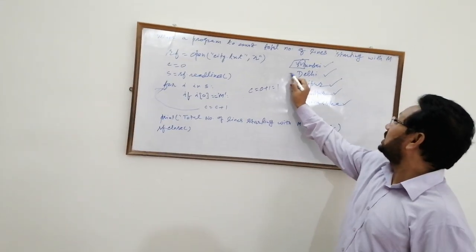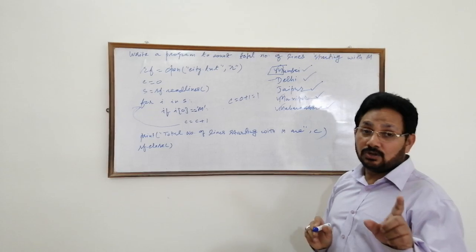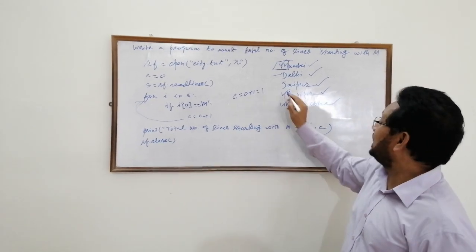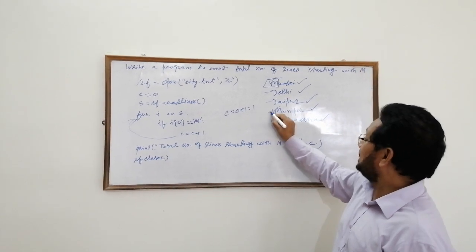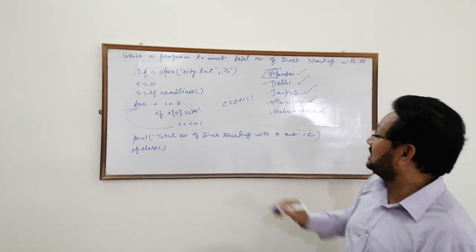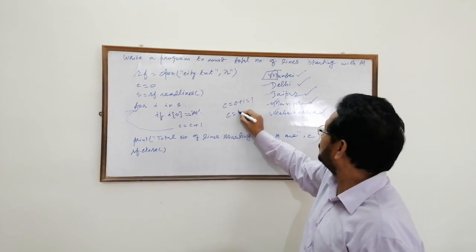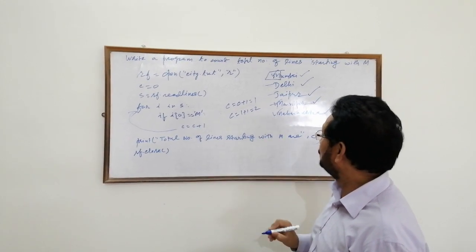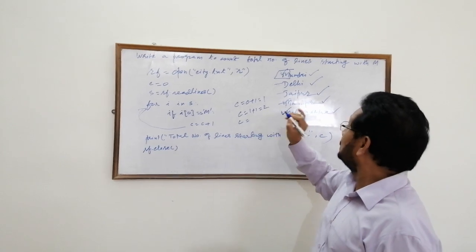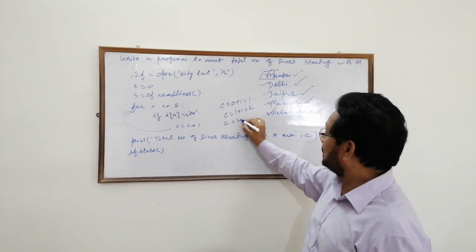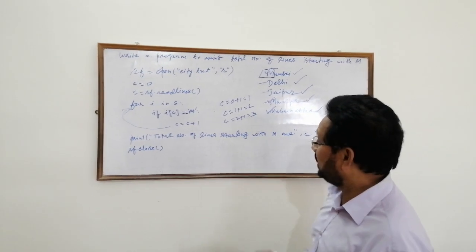Next is Delhi. The i[0] is D, so it is not counted. Then next is Jaipur, that is i[0] is J. But in the next line, i[0] is M, so c equals 1 plus 1 equals 2. Then in the next line, Maharashtra, again the first character is M, so 2 plus 1 equals 3.